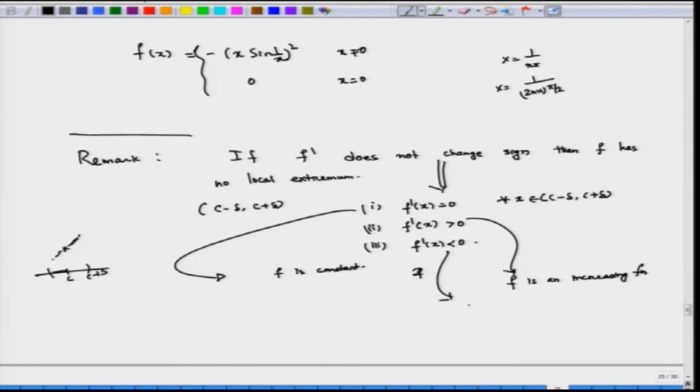Similarly, here f is decreasing, so all the values on c minus delta will be greater than f of c, and all the values on c to c plus delta will be less than f of c. So there is no local extremum there. If it does not change sign, then we can say that there is no local extremum.